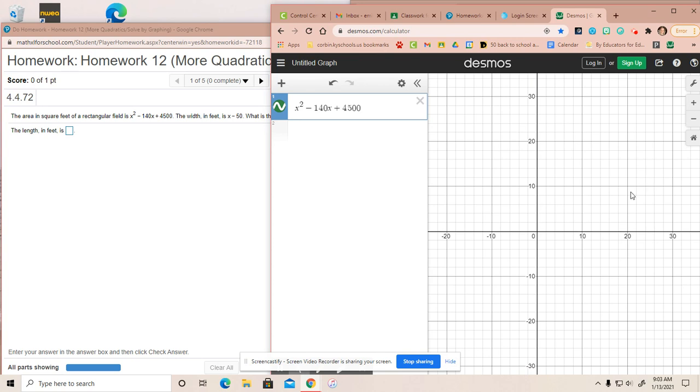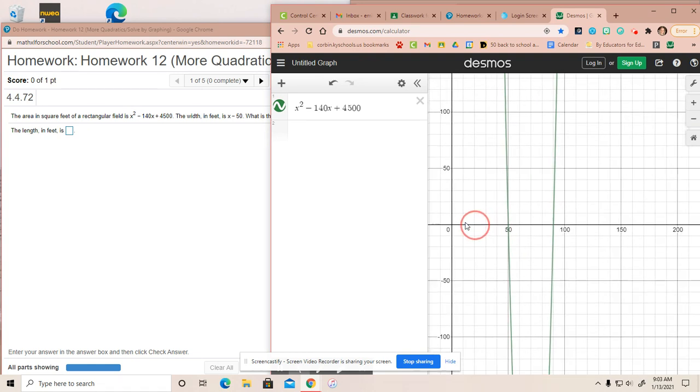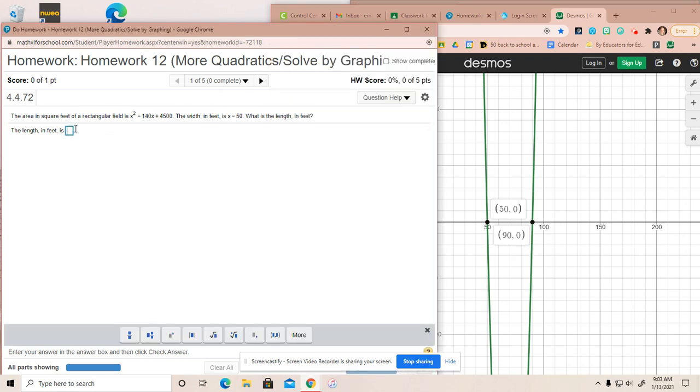Now, depending on what your graph looks like, you might have to do some zooming in or out, okay? So we're looking for the zeros, where it crosses the x-axis, sorry. So we have 50 and 90. So the width is x minus 50, which means our length is x minus 90. So that's like the factoring by looking at the graph that we did in the last lesson.